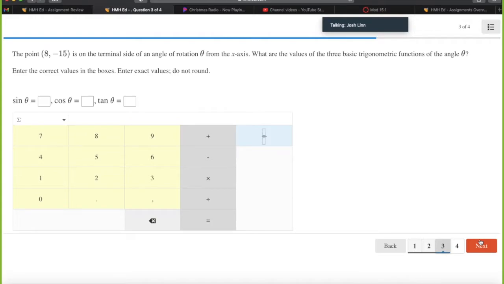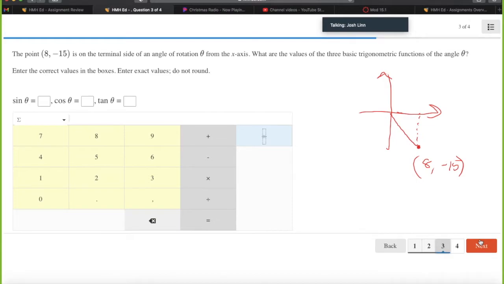So let's draw a picture. The point (8, -15), angle of rotation theta from the x-axis.